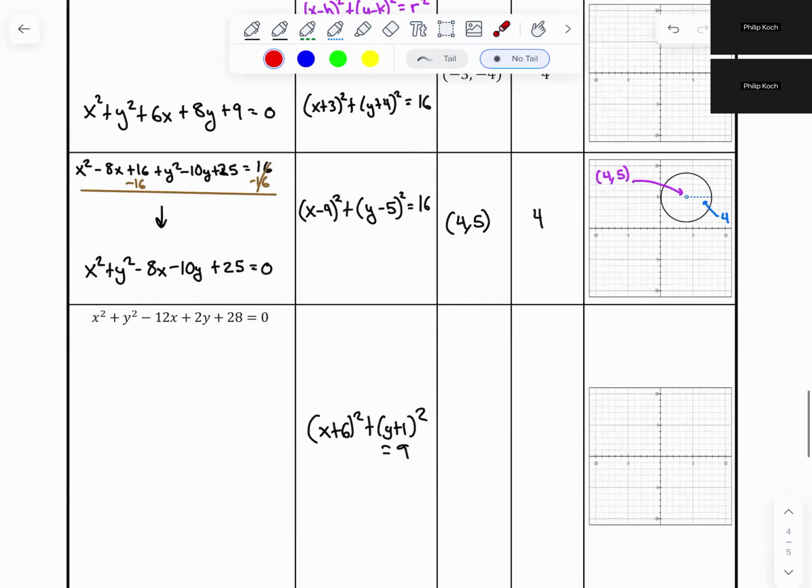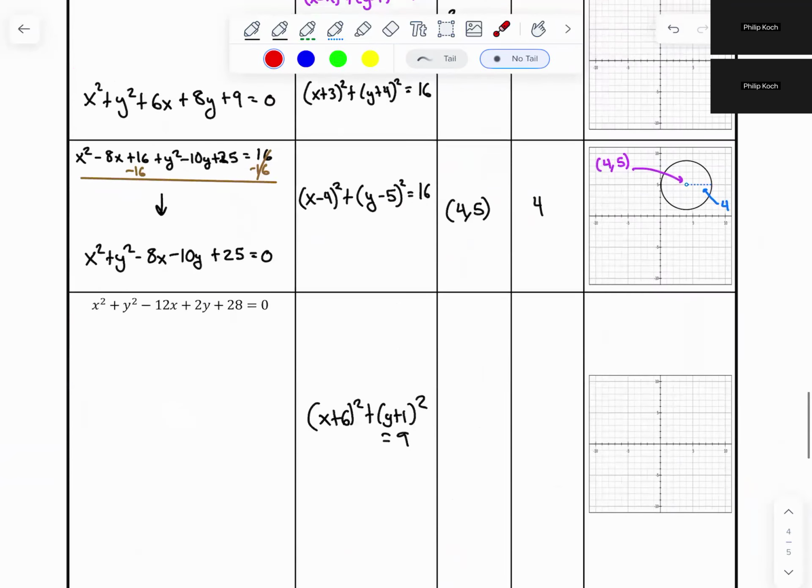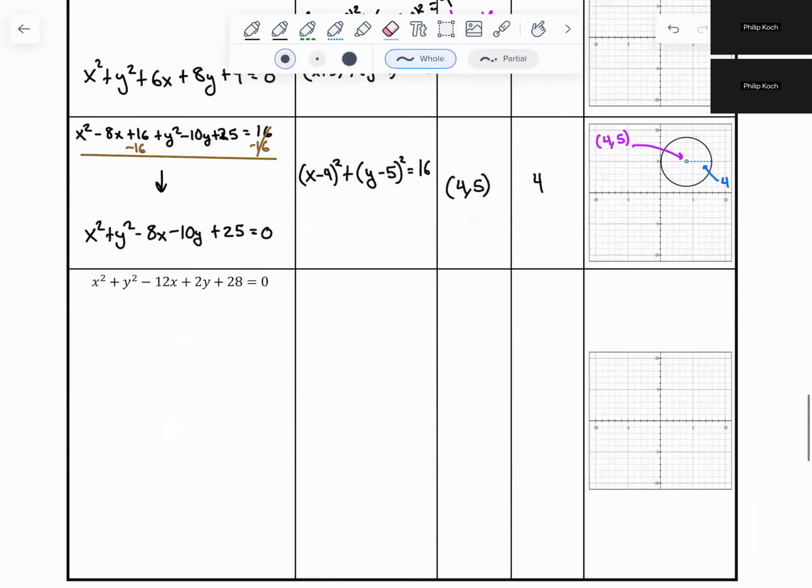So now with that in mind, we're going to go to this one. So the standard form. So hopefully you guys did this, but we're going to go over it ourselves. X squared plus y squared minus 12x plus 2y plus 28 is equal to 0. So that's the general form. And so just to make it look a little bit better to me, I'm going to group the x terms together because I'm going to have to complete the square on the x's, and I'm going to have to complete the squares on the y's too.